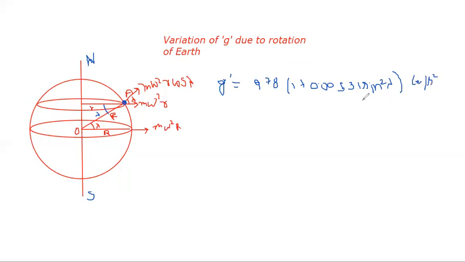Now this lambda is the latitude of a place.